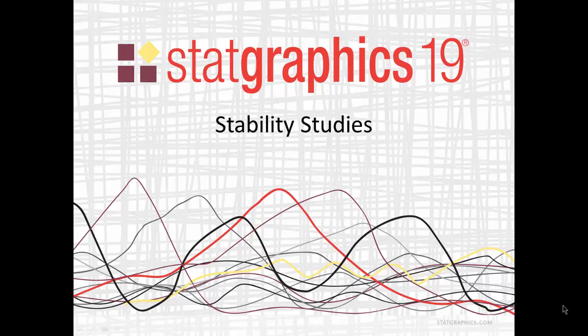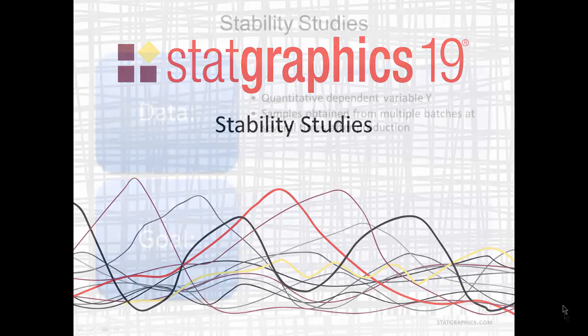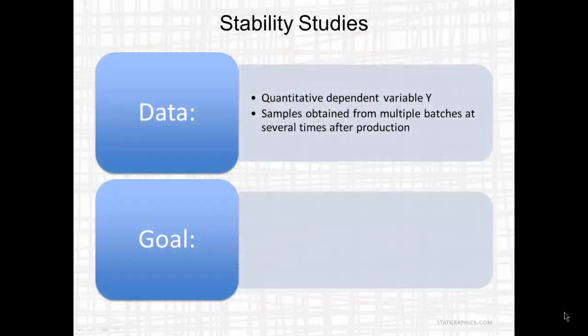This video describes a new procedure added to Statgraphics 19 to perform a stability study. The data used in a stability study consist of quantitative measurements of a single dependent variable y, measuring some important characteristic of a product.